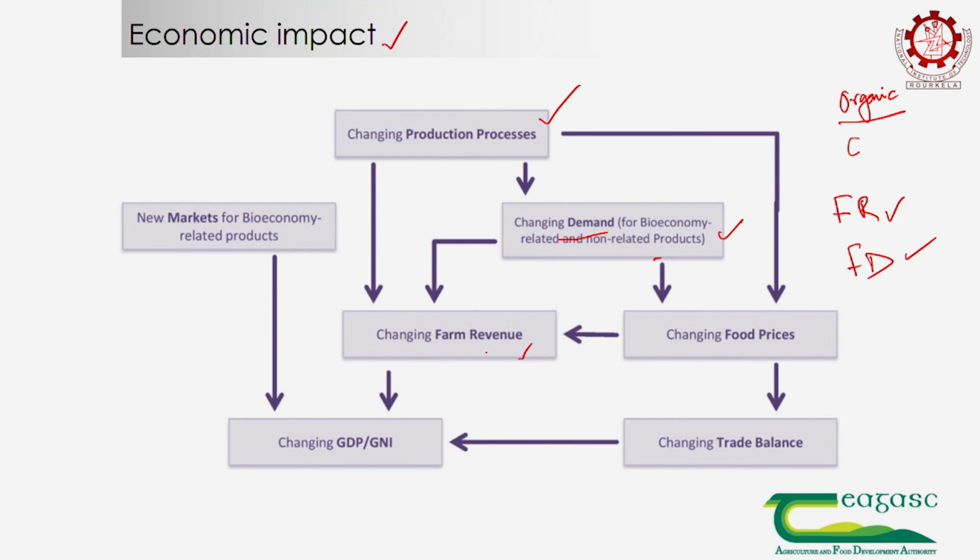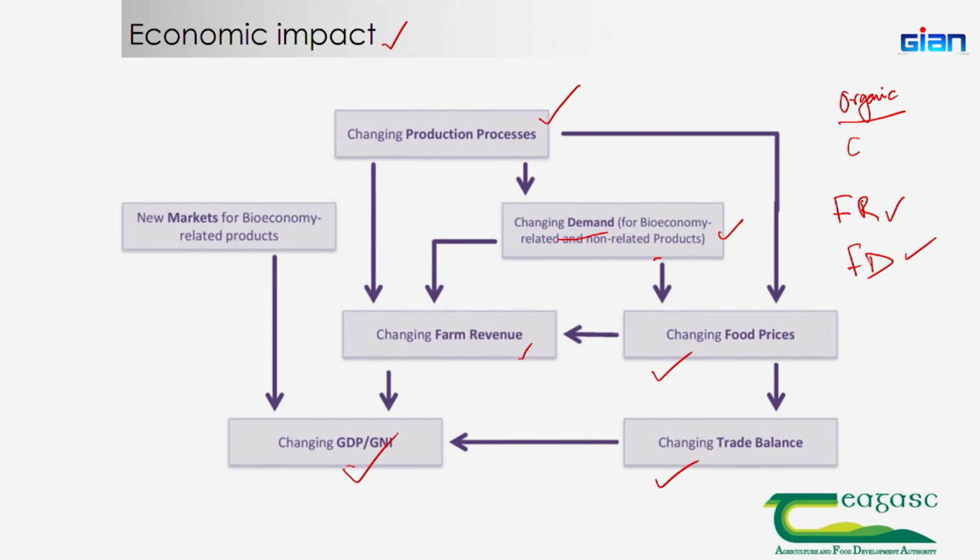Then, if farm revenues change, is it going to change the food prices? Yes, it will. Will it change the trade balance? It will. If chemical pesticides are used, you cannot export to Europe or to certain parts of the world, so you need to get rid of the pesticide. So biofertilizer and biopesticide will have a better impact.